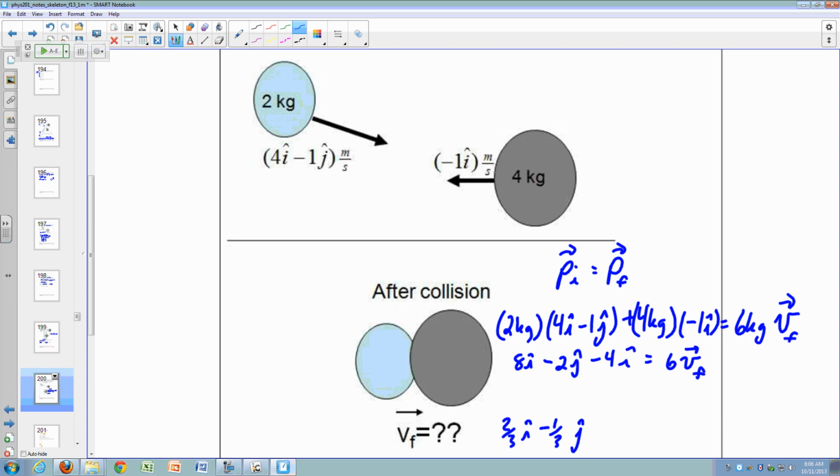And then that's 4i minus 2j over 6 for both of them, which is equal to vf. So that's right. Very good. So that's your final answer? That is correct. All right. Everybody should get these correct on the test.